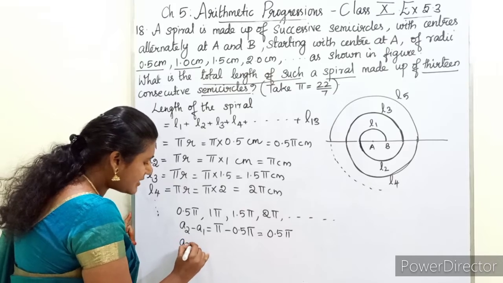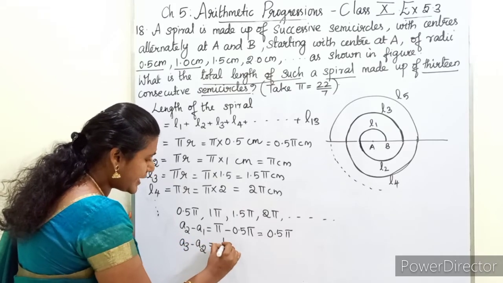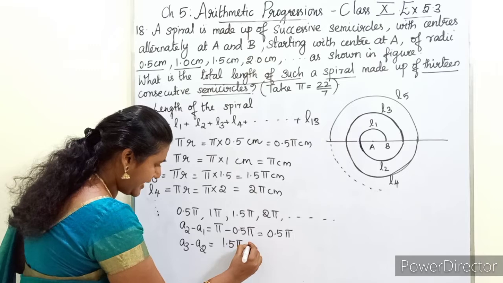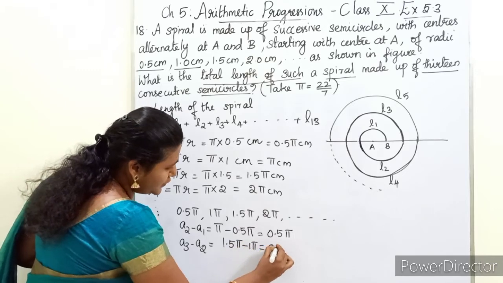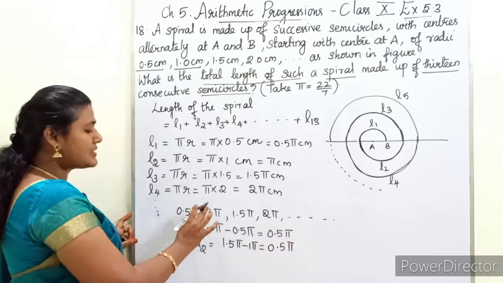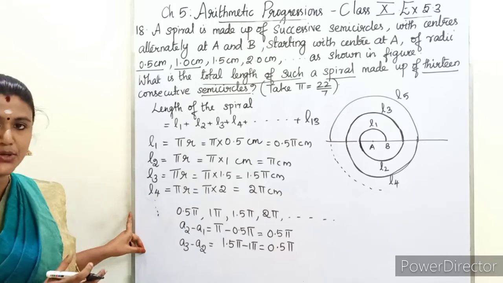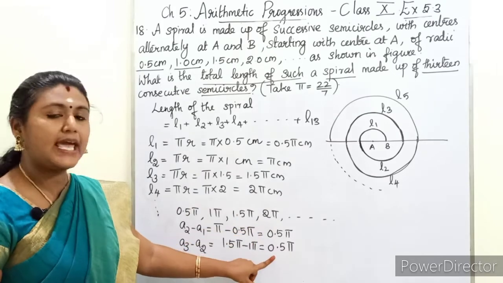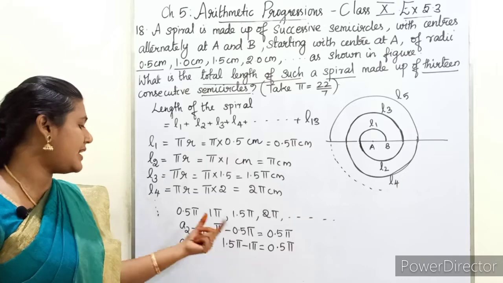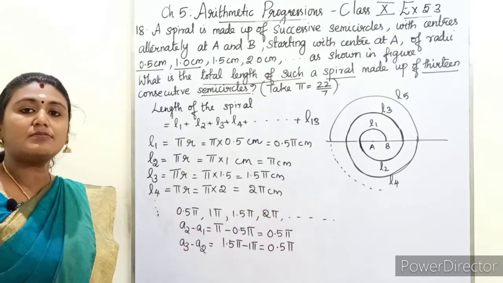Similarly, what is A3 minus A2? A3 minus A2 is 1.5 pi minus 1 pi, which is also 0.5 pi. So the difference of two consecutive terms gives the same answer. What is its meaning? These numbers form an AP.